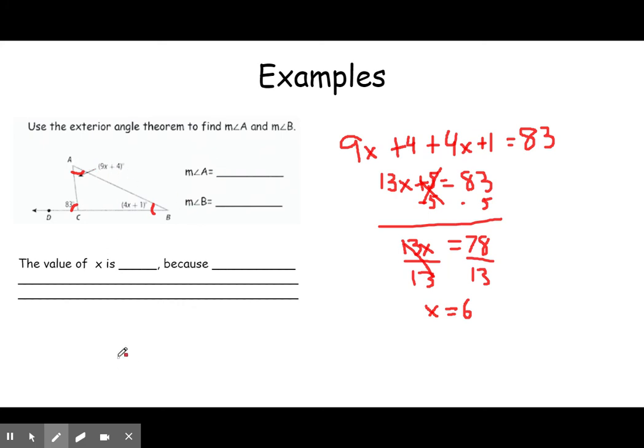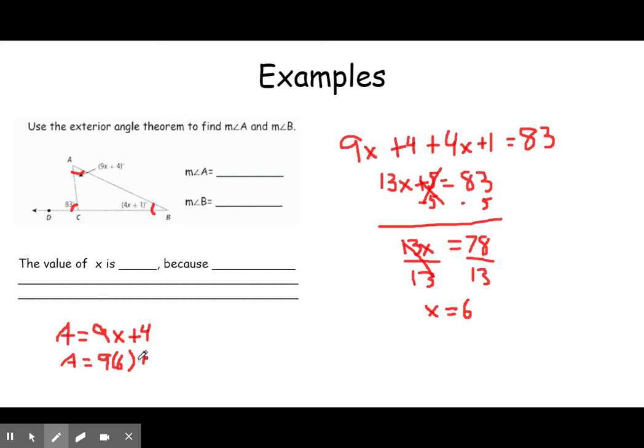Well, I know to find the measurement of angle A, I'm going to do that down here. So the measurement of angle A, it's telling me is 9x or 9 times x plus 4. Well, now that we know what x is, now that I know x is equal to 6, I'm just going to plug in that 6 for x. So instead of 9 times x, it's going to be 9 times 6.